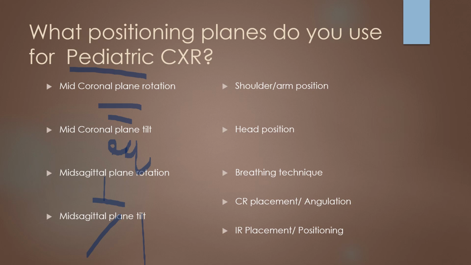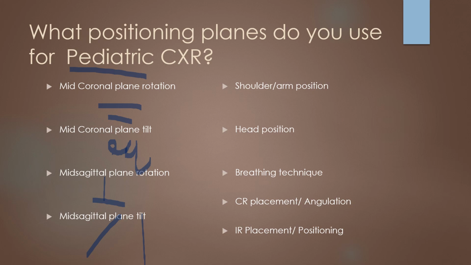Again, somebody might have to hold that head in that position. Breathing technique, if they're old enough that they can follow breathing instructions, that's fantastic. You want to do suspended inspiration on the second breath. If they're too young to follow instructions, then you're going to do like we talked about with an endotracheal or a ventilated patient, and you're going to expose at the maximum of their inspiration.